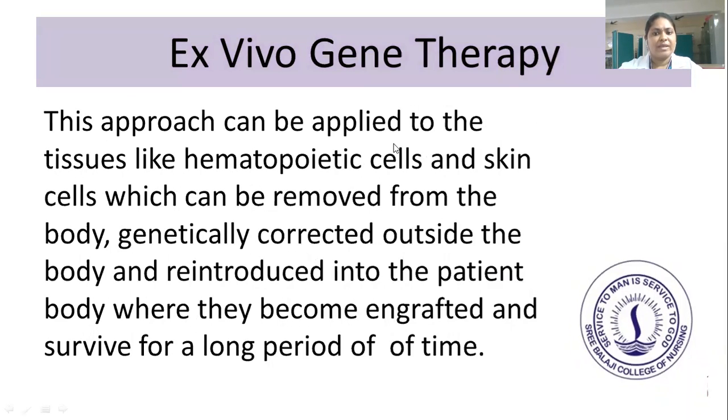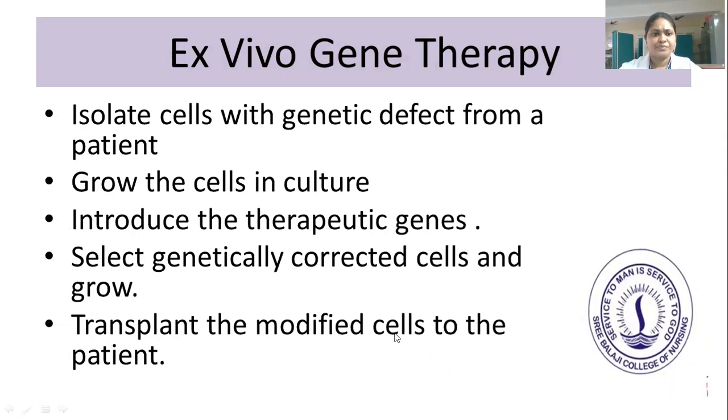This approach can be applied to tissues like hematopoietic cells and skin cells, which can be removed from the body, genetically corrected outside the body, and reintroduced into the patient's body, where they become engrafted and survive for a long period of time.